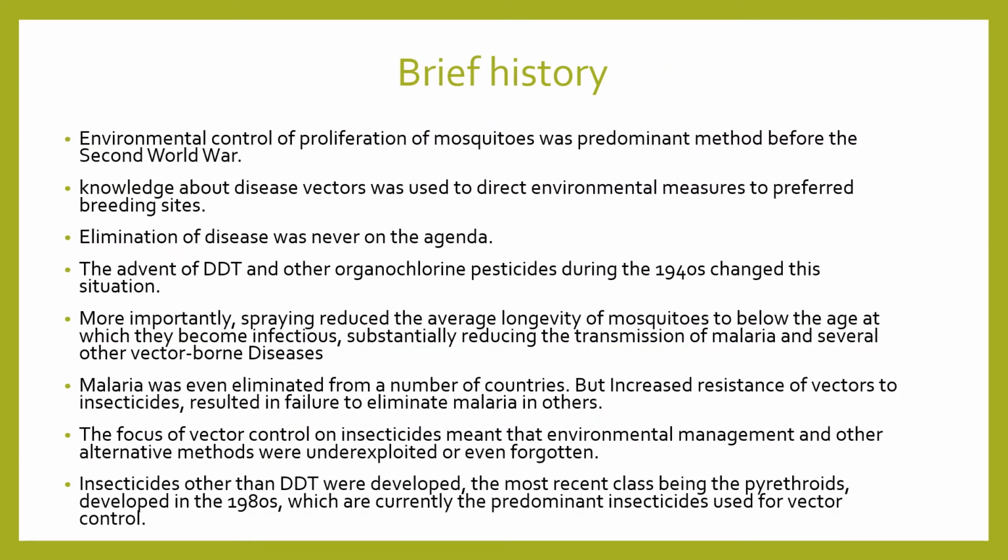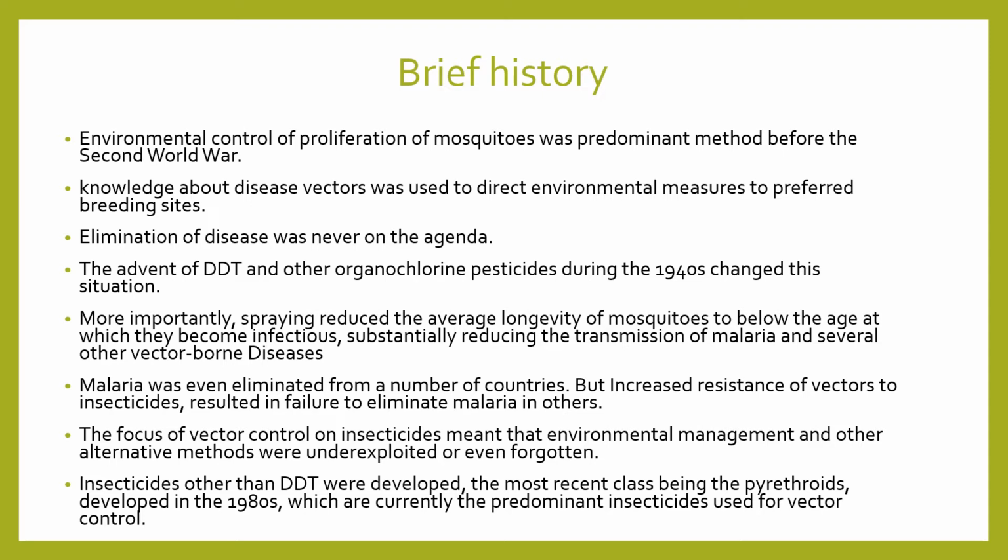Now let's see a brief history of vector control. Before the Second World War, the only vector control method used was environmental control, and the elimination of diseases was never on the agenda. Then during the 1940s, there was the advent of DDT and other organochlorine pesticides.